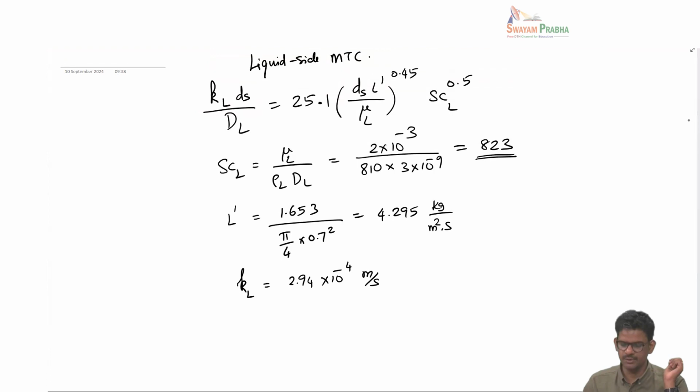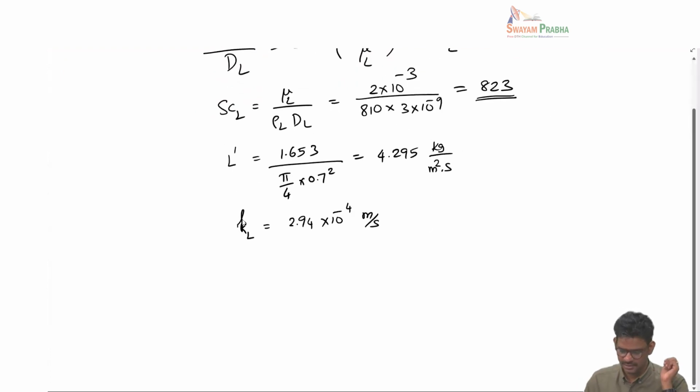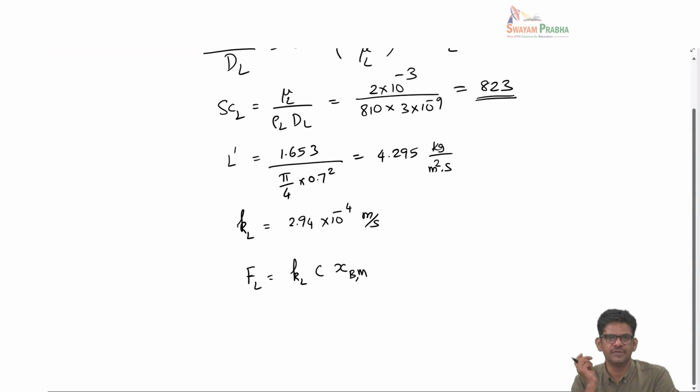Now the relationship between this small KL and FL is given by this. So FL is small KL times the concentration times the log mean difference of the composition of the B solvent free, the solute, the solvent. XB is solvent mole fractions.